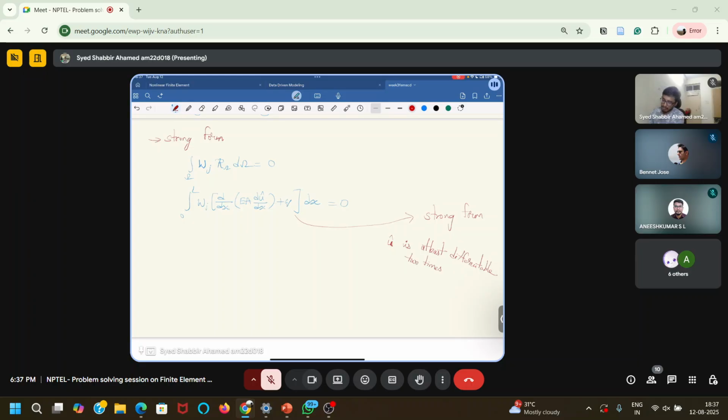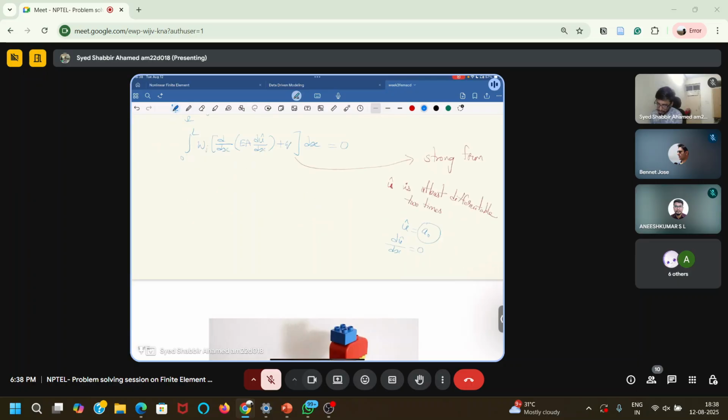Let's say if you assume u cap is equal to a naught, then if you differentiate it, du cap by dx is equal to 0. So this you cannot take because this is not differentiable.